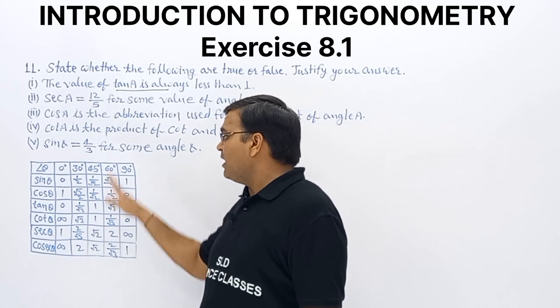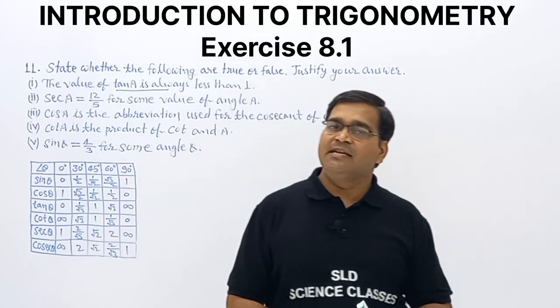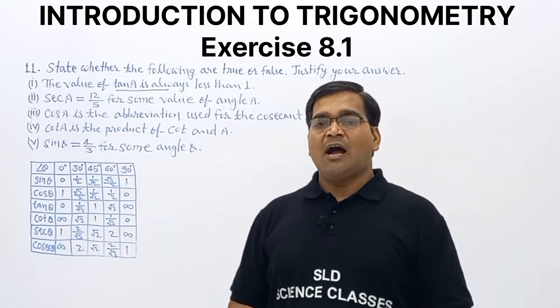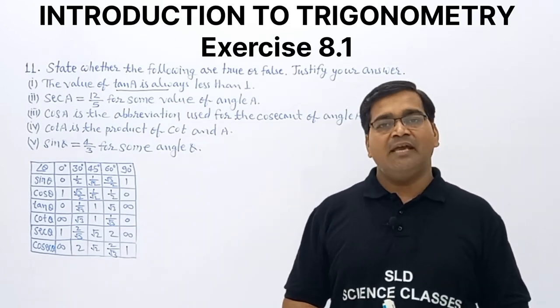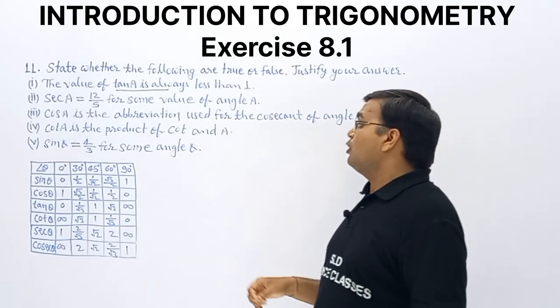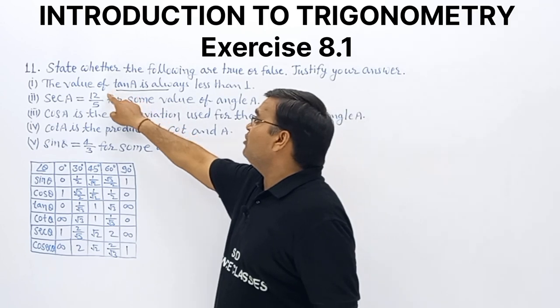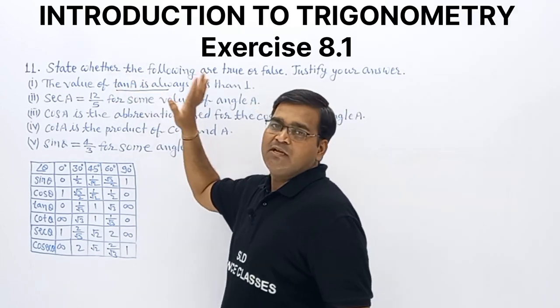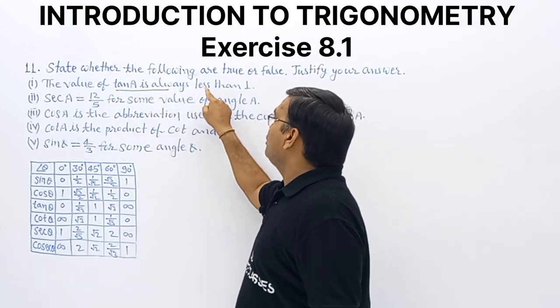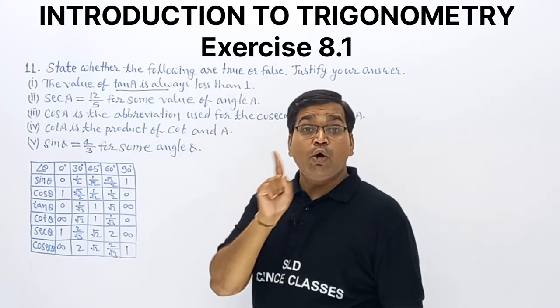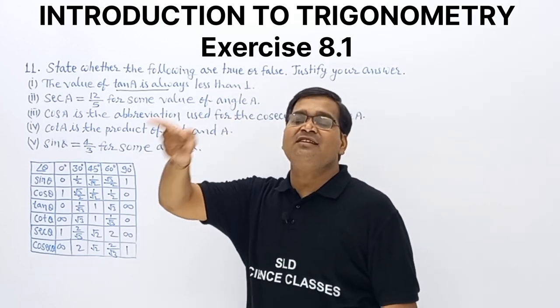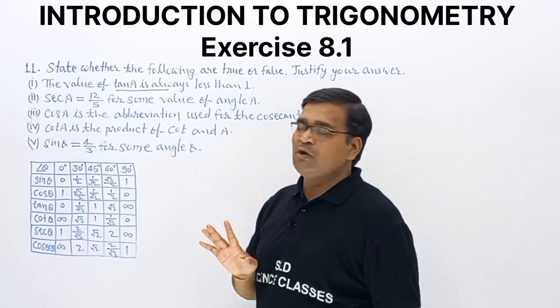We already studied how to make this table. So, what is the first question? The value of tangent theta is always less than 1? Always. The question is saying always less than 1. Is this true or false?